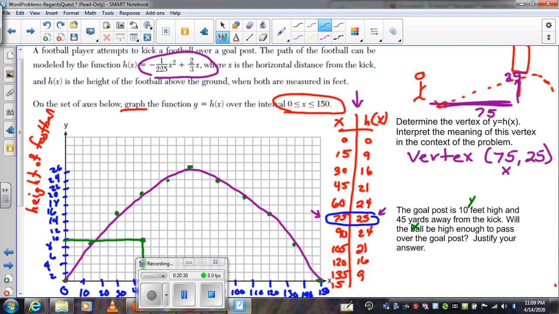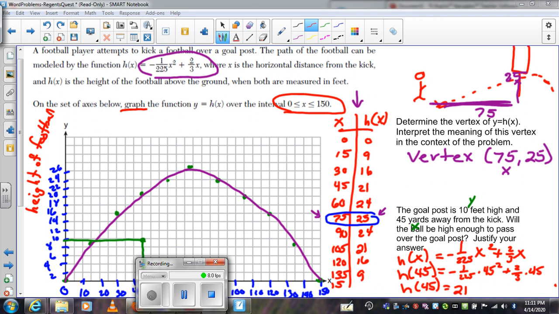So if I were to take the equation and copy it down here, so we have h of x is equal to negative 1 over 225 x squared plus 2/3 x. And I put in, so you got to know which one's your x value. Your x value is 45, so I'm going to put in 45, and I'm going to see what I get out as an output. Okay, I'm going to punch it in my calculator.